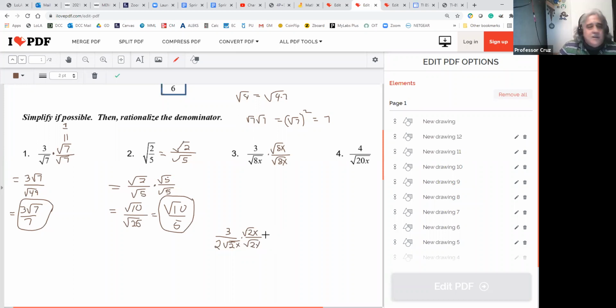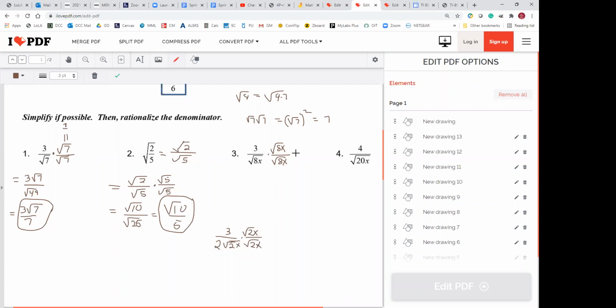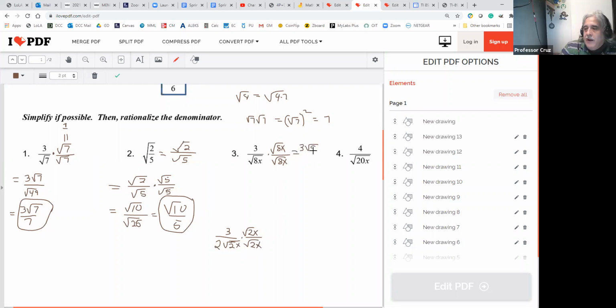All right, so let's just kind of see if they come out any different, or if they come out the same. So this is 3 square root of 8x. And then this is going to be square root of 64x squared.